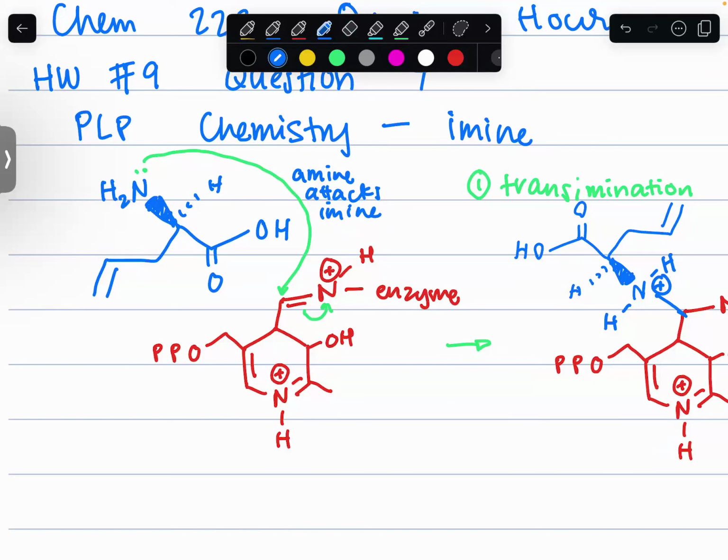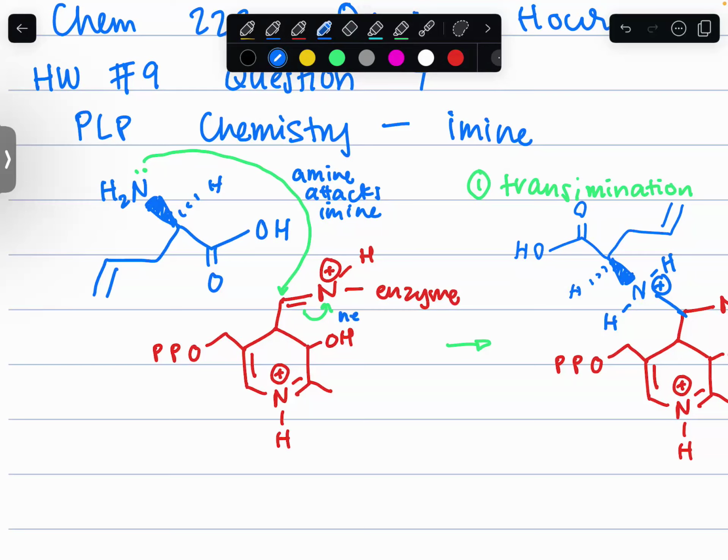That overloads this carbon, so we're going to have to push electrons onto the nitrogen. And we doubly like that, because putting those electrons back onto the nitrogen is going to neutralize this charge.